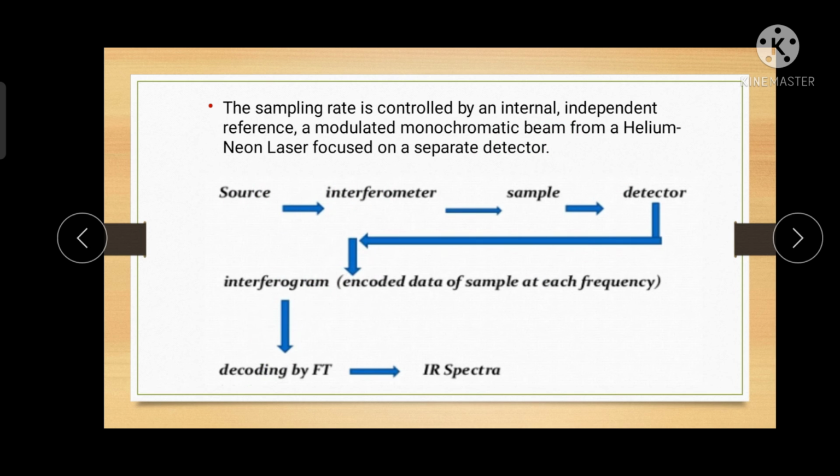This process is without sample analysis, but if we want to analyze a sample, then we can pass this interferometer signal through the sample and we get the corresponding IR spectra for that particular sample. So in this way we get the FTIR spectra of a given sample.